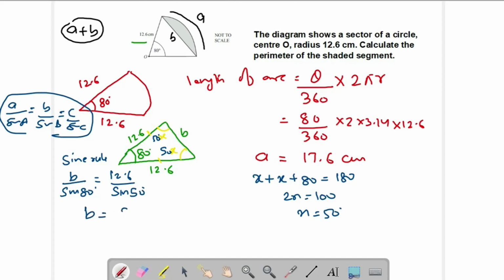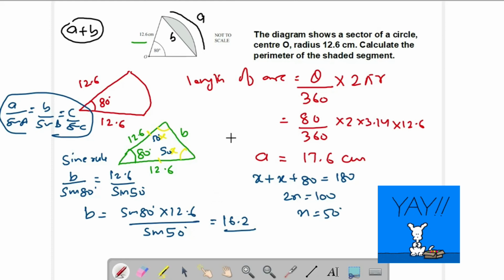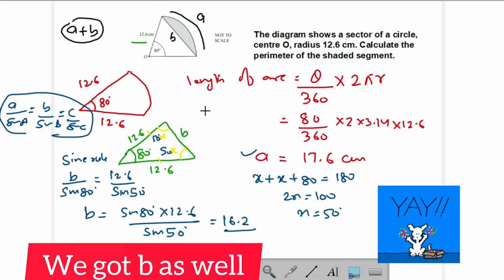So B is equal to sine 80 degrees into 12.6 divided by sine 50 degrees. If we solve this, we get 16.2.